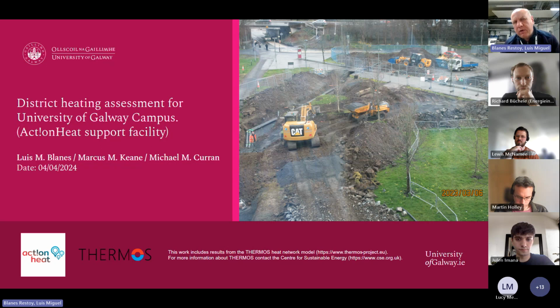What we are basically trying to do is to put into operation an existing district heating pipeline that was installed some 12 or 13 years ago, with the idea to supply hot water to a leisure complex, like a swimming pool and gym complex for the university, from a centralized energy center.